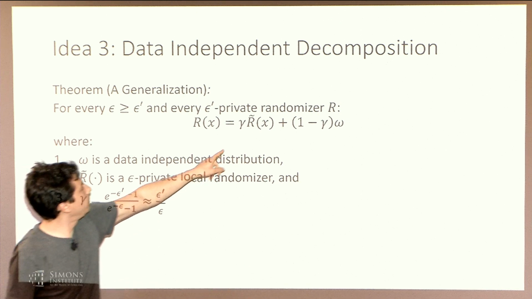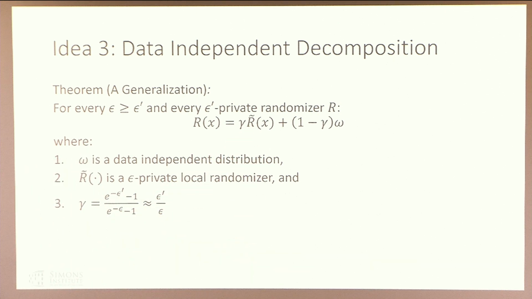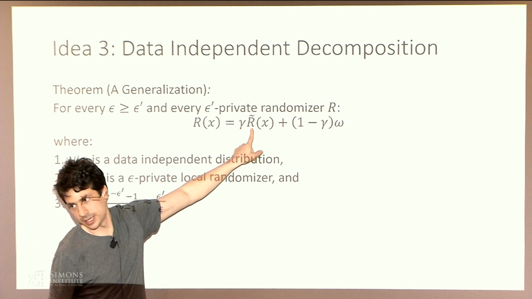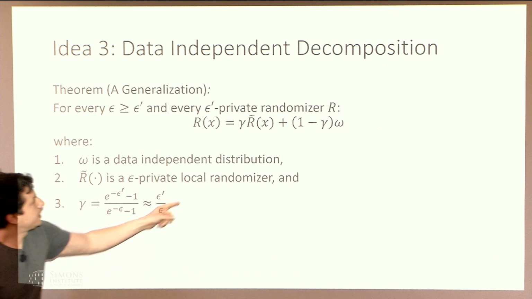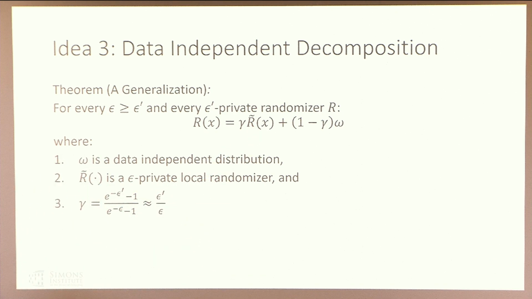The other will be another local randomizer, which will be epsilon private, which is less private than the original randomizer, which was epsilon prime private. But the weight that I put on the epsilon private local randomizer looks like this, which is easier to interpret when epsilon and epsilon prime are small, less than 1. It's roughly epsilon prime over epsilon.